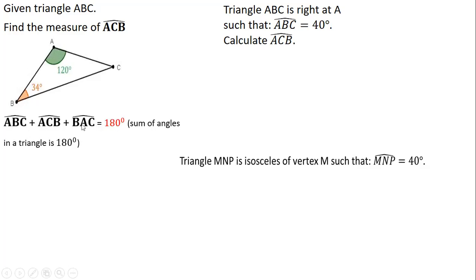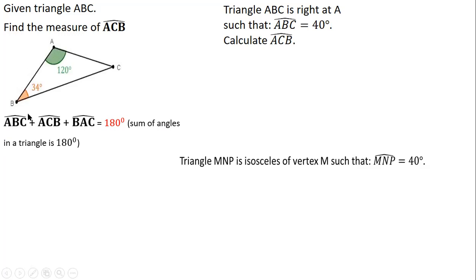So I named the three angles equal 180 degrees, and I write sum of angles in a triangle is 180 degrees. Now we replace. What do I mean by replace? The angles that I know their measures in numbers, I replace them by their numbers.